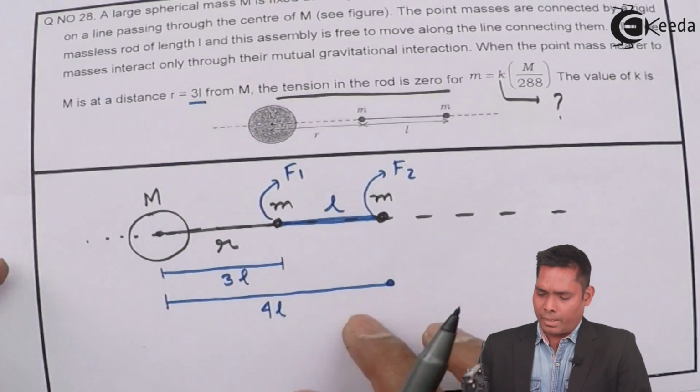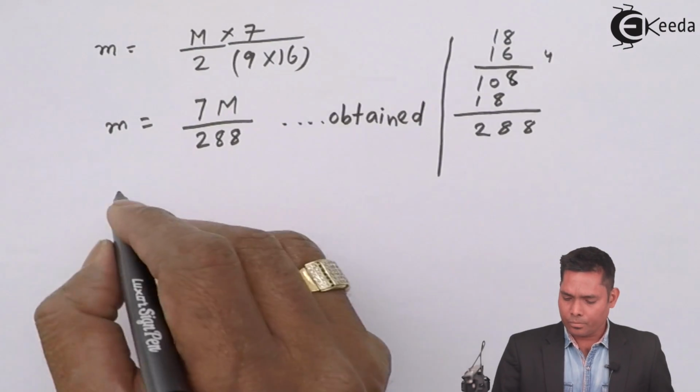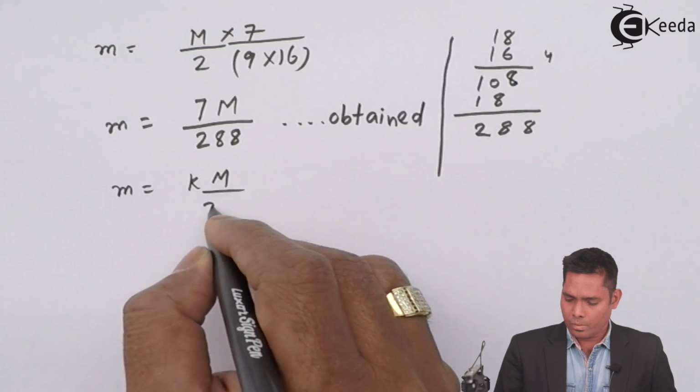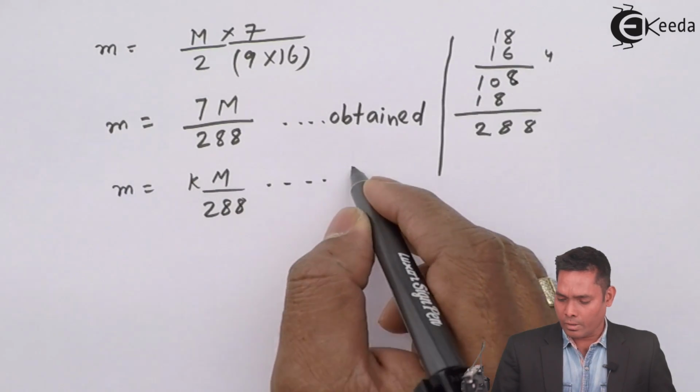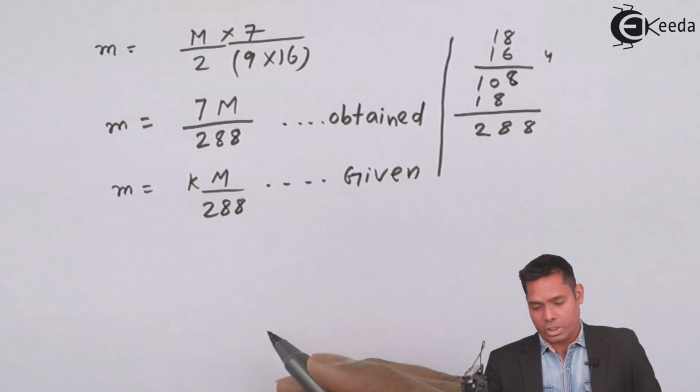Now what is given is that this mass is k times M over 288. This is given in the question.